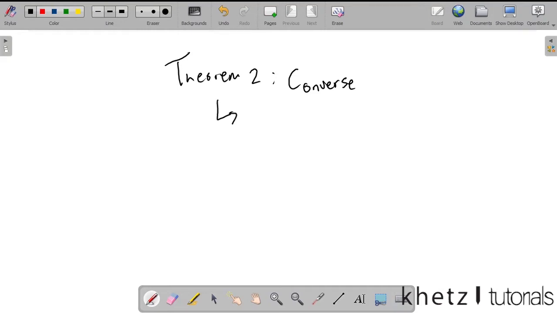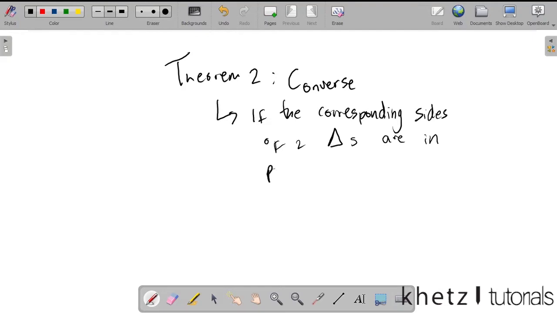The converse of Theorem 2 says if the corresponding sides of two triangles are in proportion, then the triangles are similar.